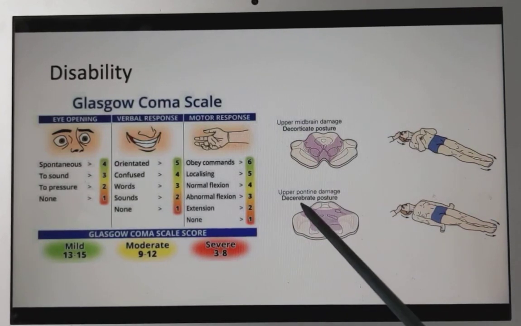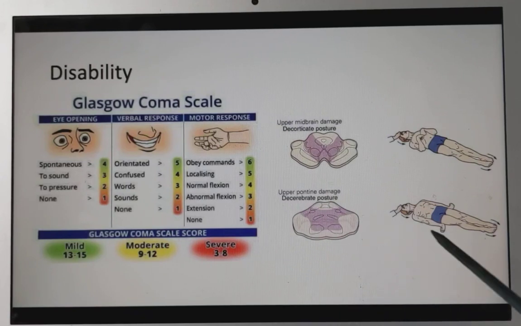And then if it is an abnormal extension, which is a very poor sign, the person's hands respond on giving a painful stimulus, as they are giving in the supraorbital region here, and you would see this. And no response is 1. So that is how scoring would be done.